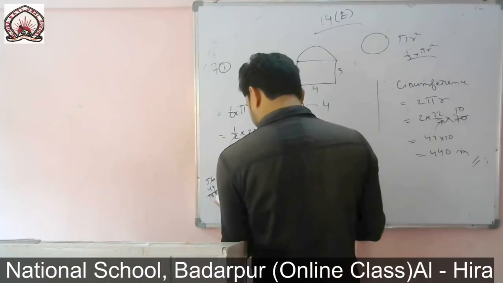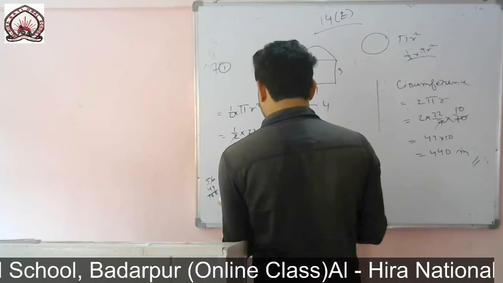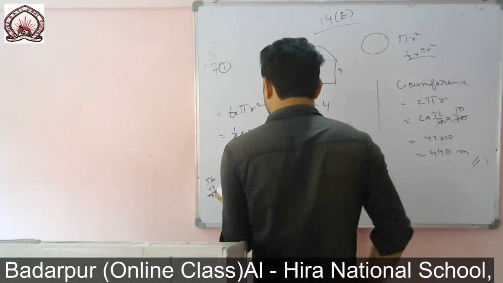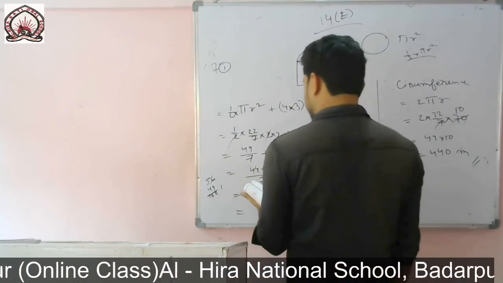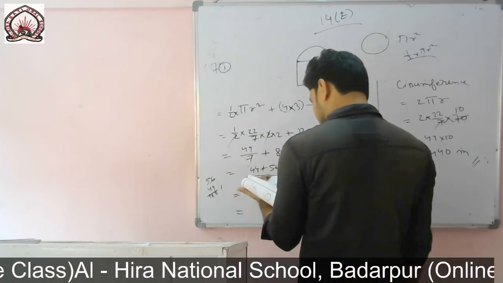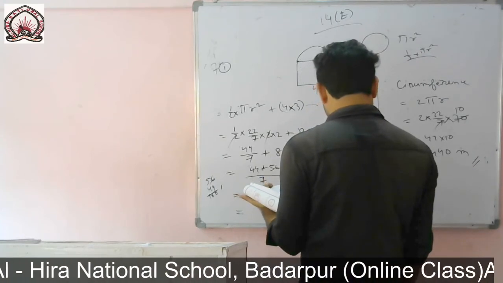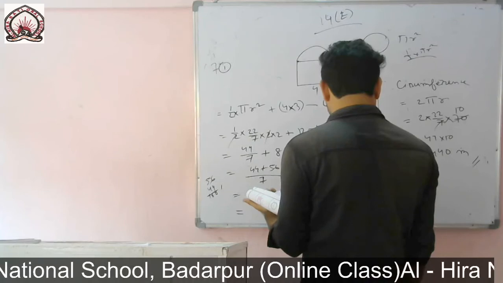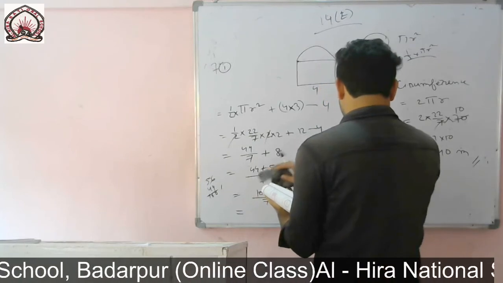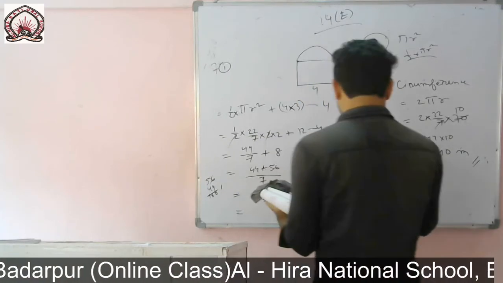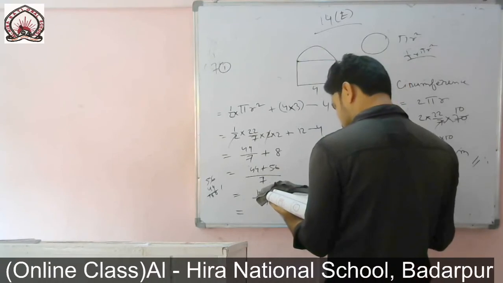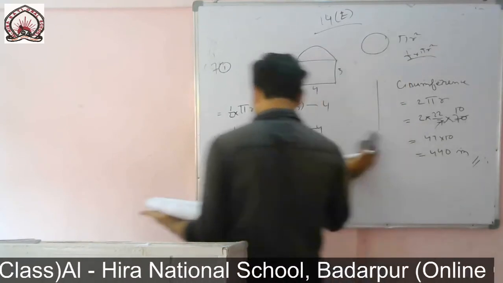You can take pi r plus length into breadth. Okay, I think this is wrong.